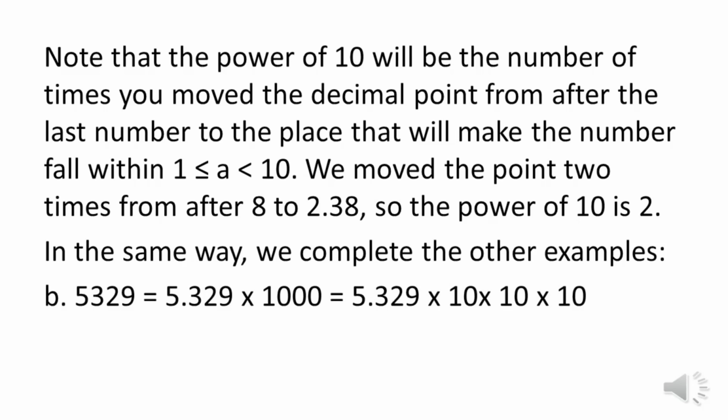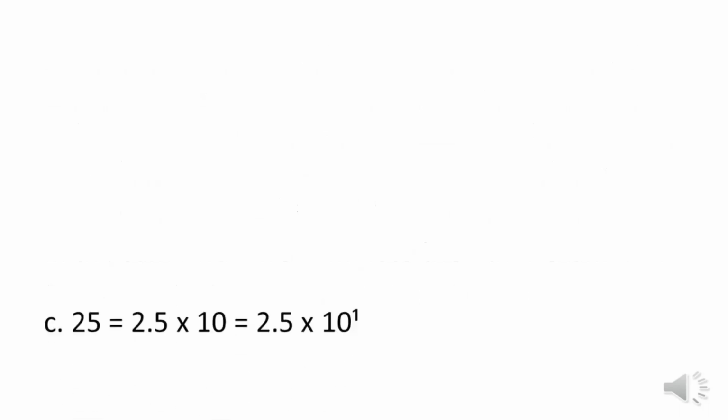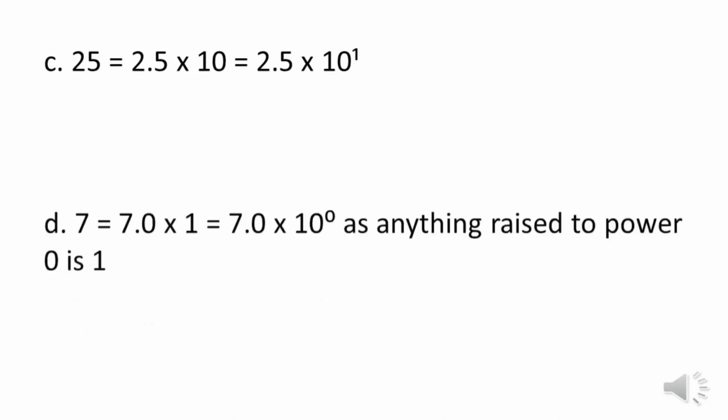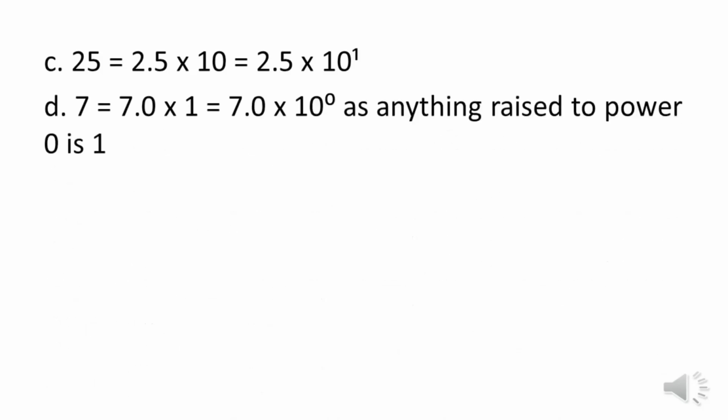B. 5329 equals 5.329 times 1000 equals 5.329 times 10 times 10 times 10 equals 5.329 times 10 raised to power 3. C. 25 is equal to 2.5 times 10 is equal to 2.5 times 10 raised to power 1.